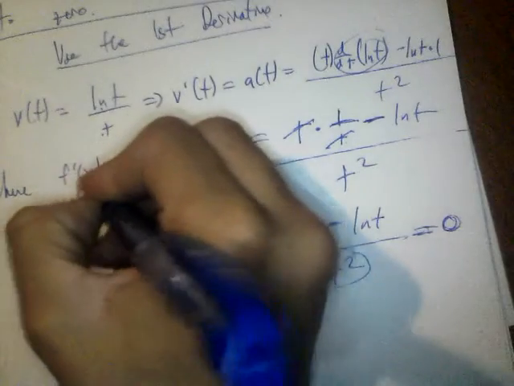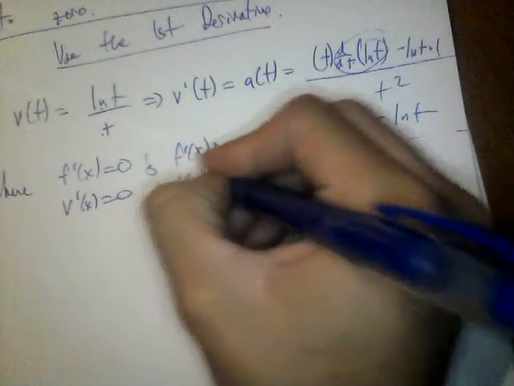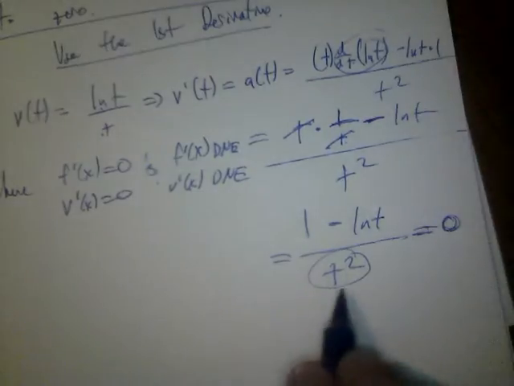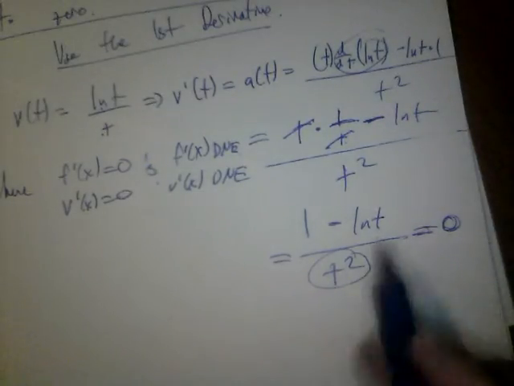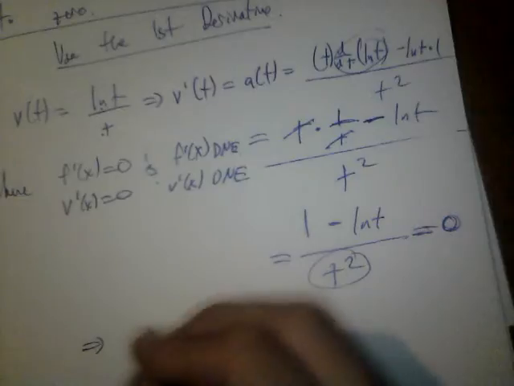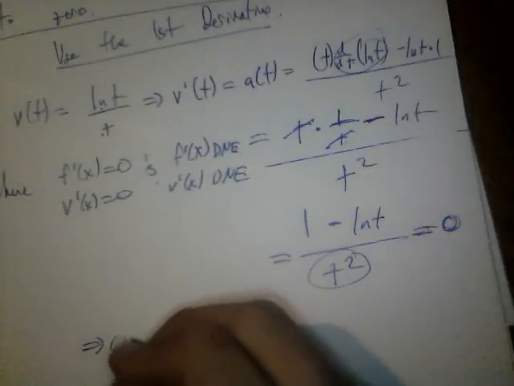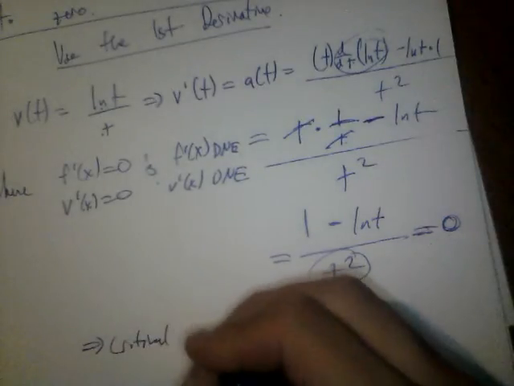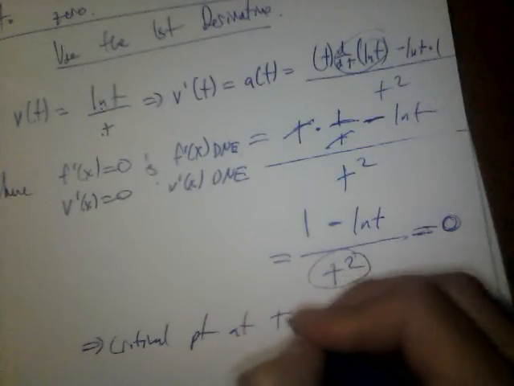So we need to find where v prime is 0 and where v prime does not exist. See, it does not exist at 0. Why? Because I cannot put a 0 in for the value of t. So this implies we do have a critical point at t equals 0.